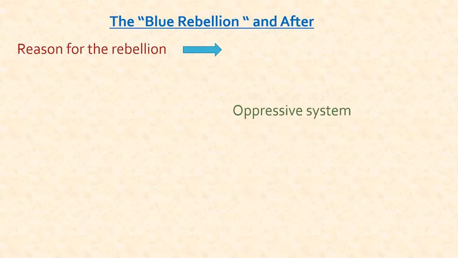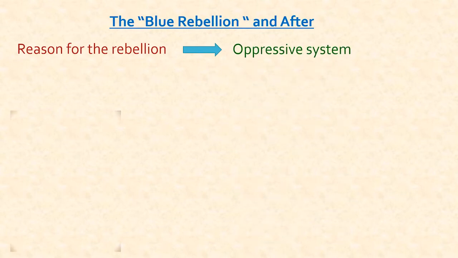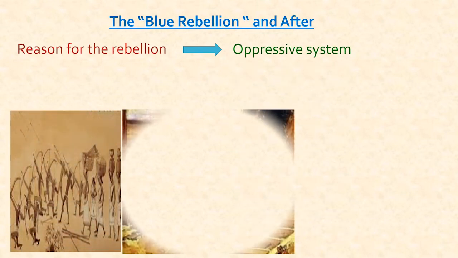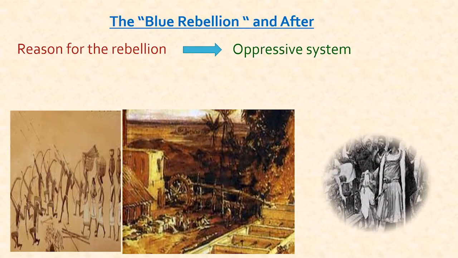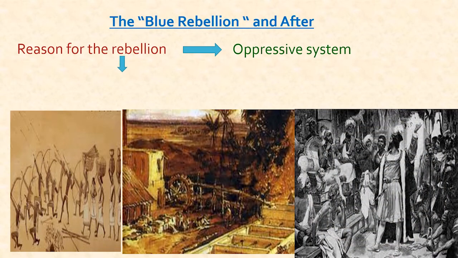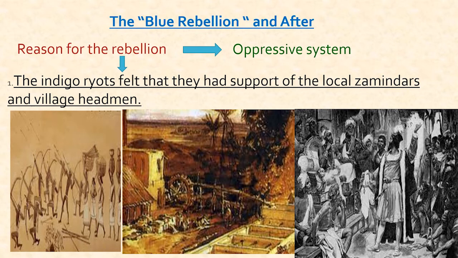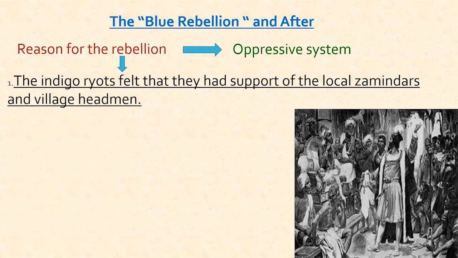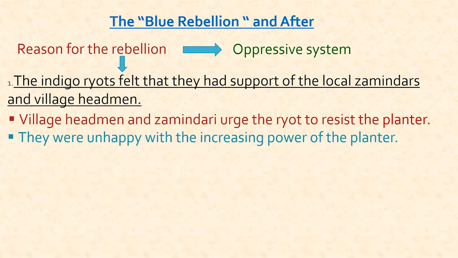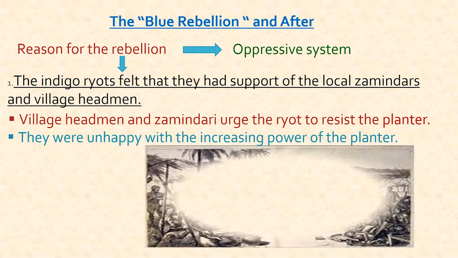Reason for the rebellion. It was an oppressive system wherein peasants fell into a cycle of indebtedness, which made people more and more poor. The indigo ryots felt that they had the support of local zamindars and village headmen. Village headmen and zamindars urged the ryots to resist the planters. They were unhappy with the increasing power of the planters.